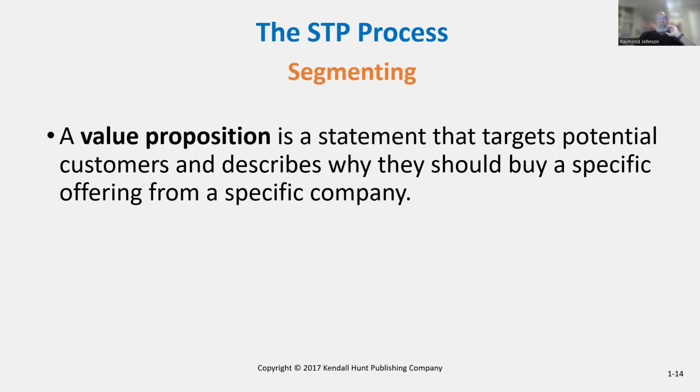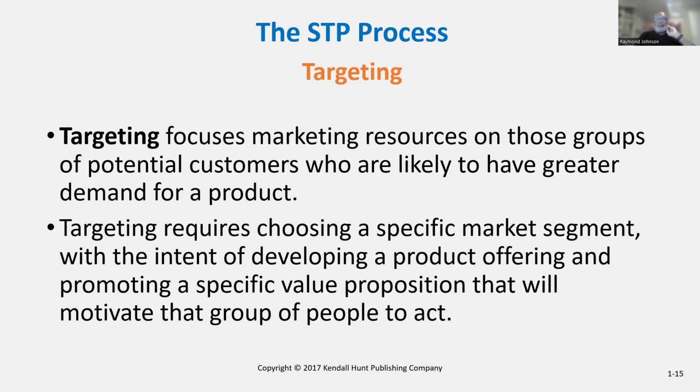I would ask that you go out to Google and search for the value prop for, let's say, the iPhone, or the value prop for a Tesla, whatever it might be. You want to just try it out. Then we target, as we said before. We're going to focus on those groups that we believe would be our best customers.